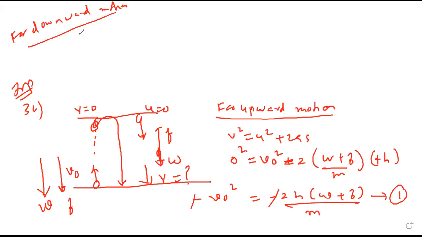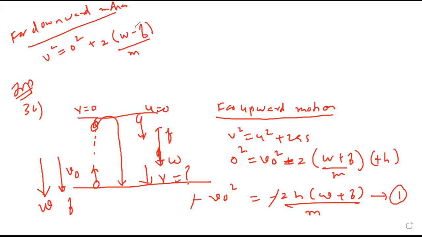Again same, v square, u is 0 plus 2, acceleration is acting downward, so W minus F, because W should be greater since it is coming downward. Downward force is greater.